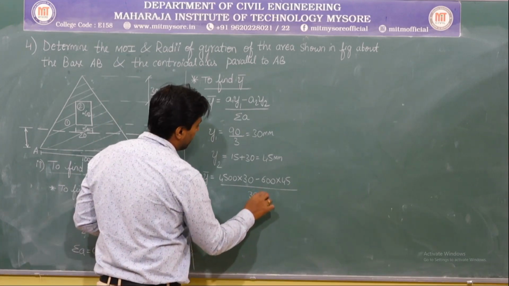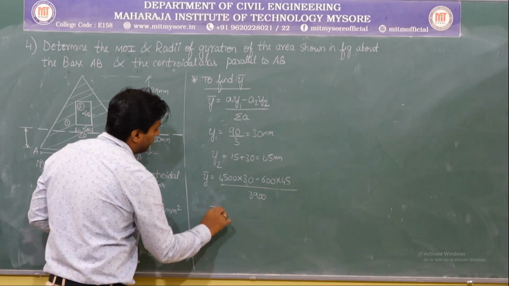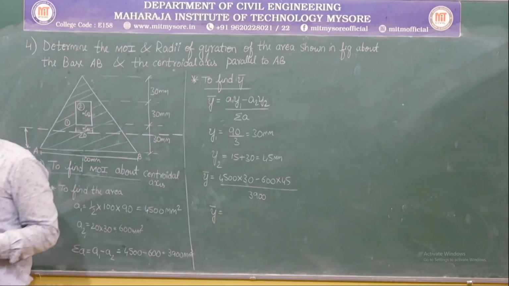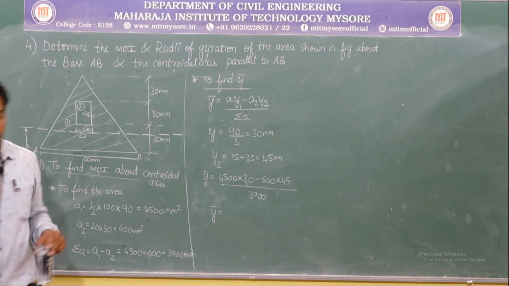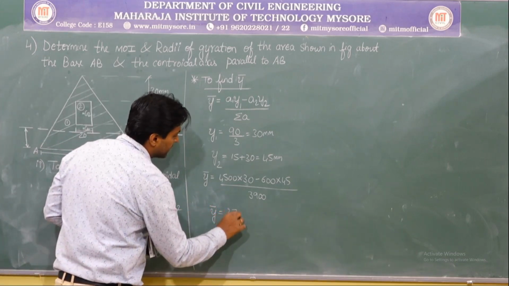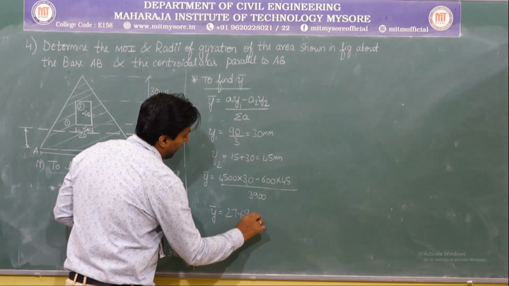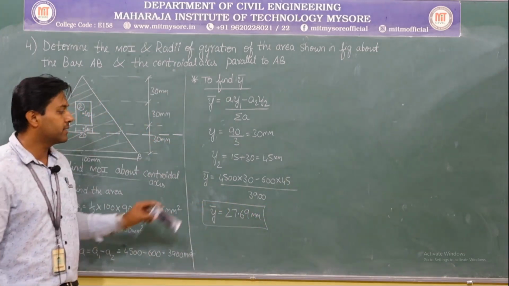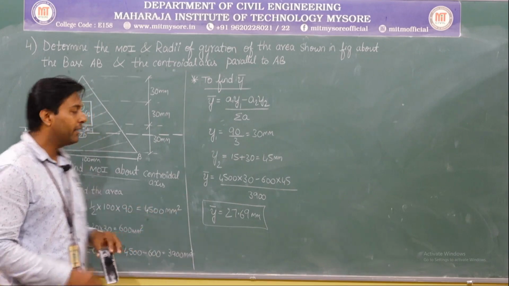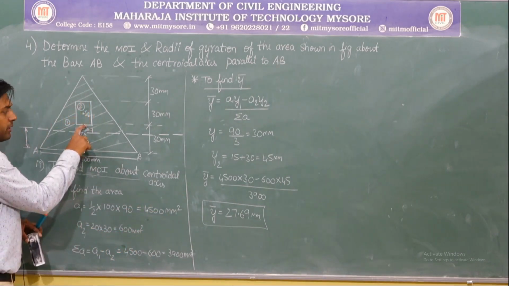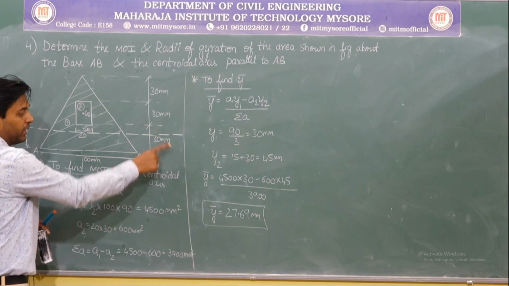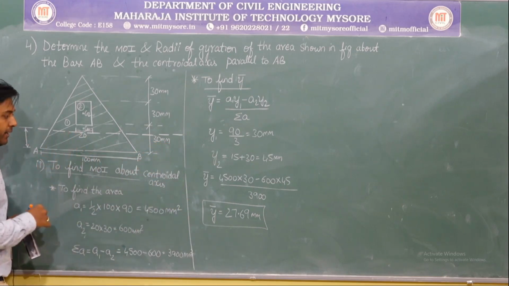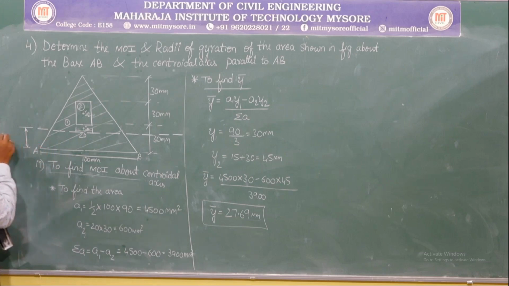After solving it, we will get the value for y bar as 27.69 mm. Let me mark that particular value there. From here to here it is 30 mm. Now I want y bar as 27.69, so I have already marked it. So this y bar is equal to 27.69 mm.